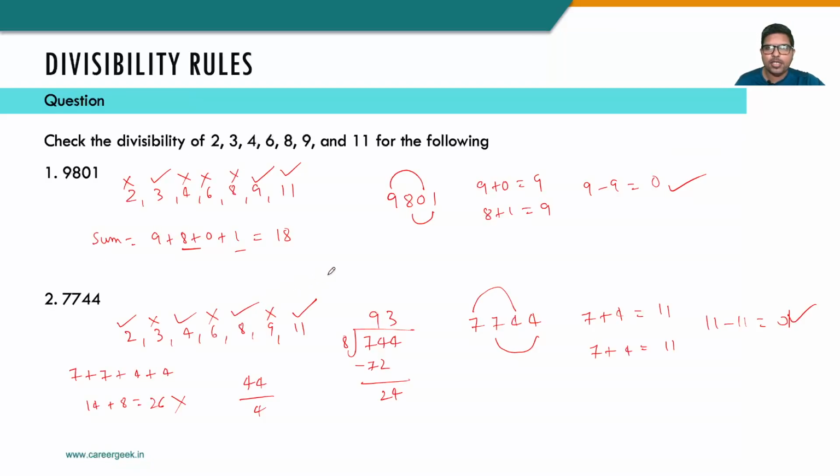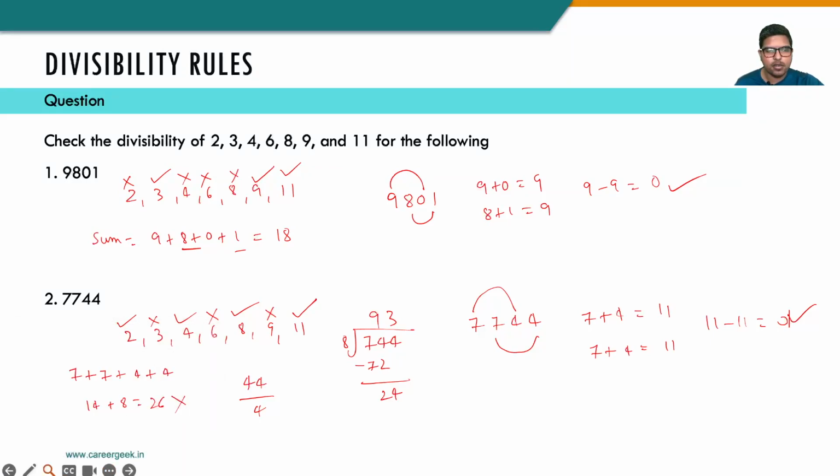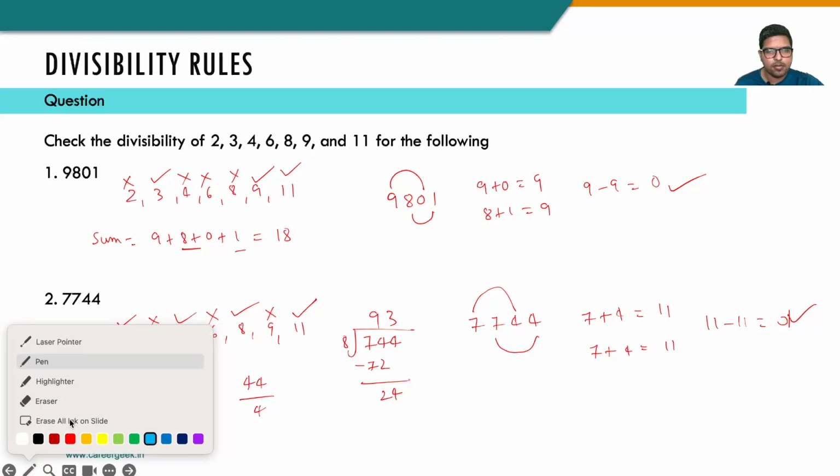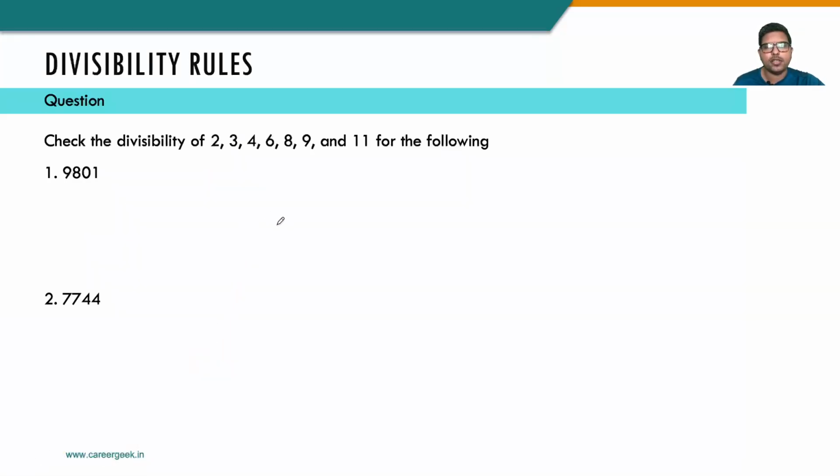So I want to discuss something. Let's say if they ask you to find something beyond 11, let's say for higher numbers, if you have to find divisibility of something like 24 or 36 or 32 and so on and so forth, right?